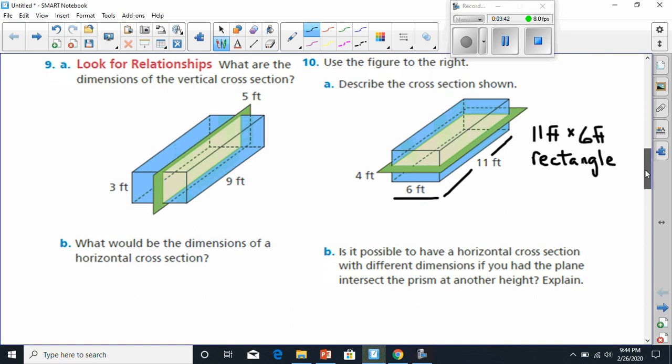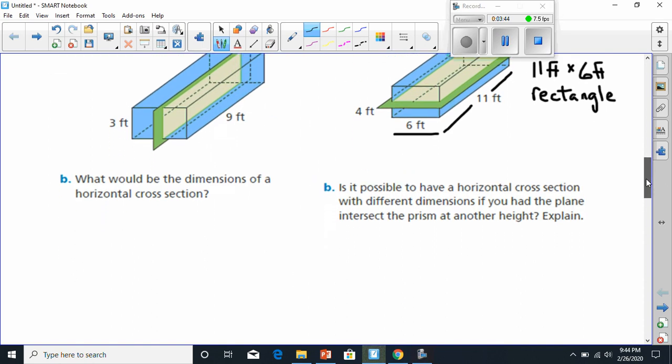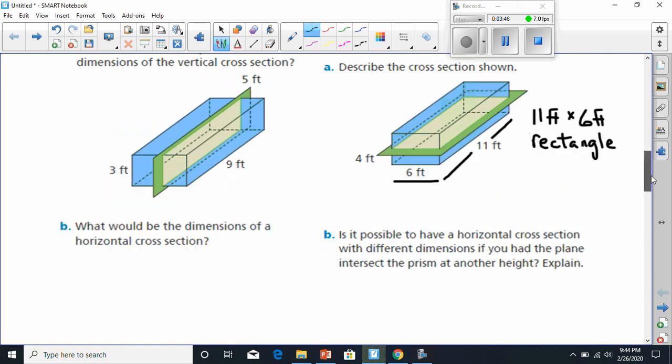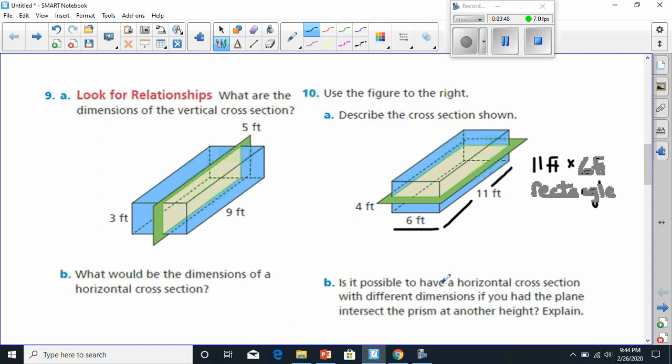We see that number 10 has a part B to it. Part B says, is it possible to have a horizontal cross-section with different dimensions if you had the plane intersect the prism at another height? Well, a horizontal cross-section is one that's going across the middle there. And we're saying if you had it at a different height, right?